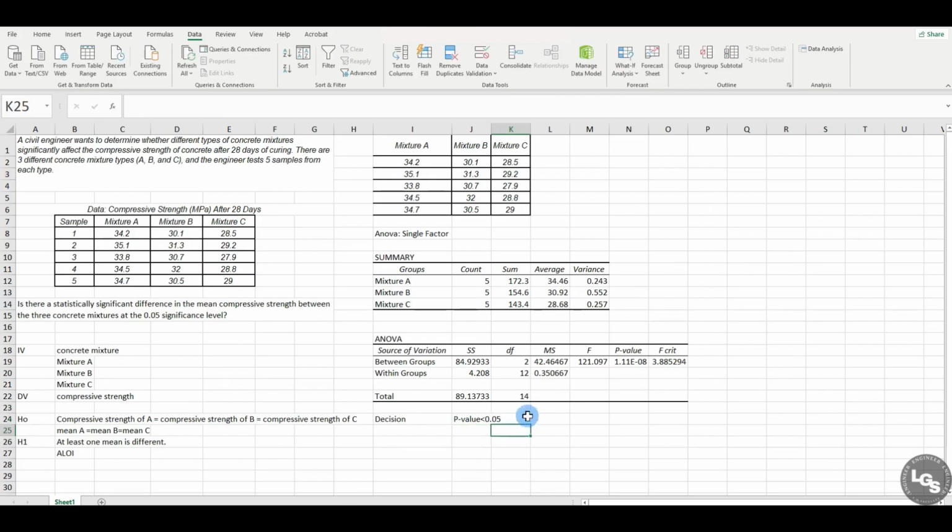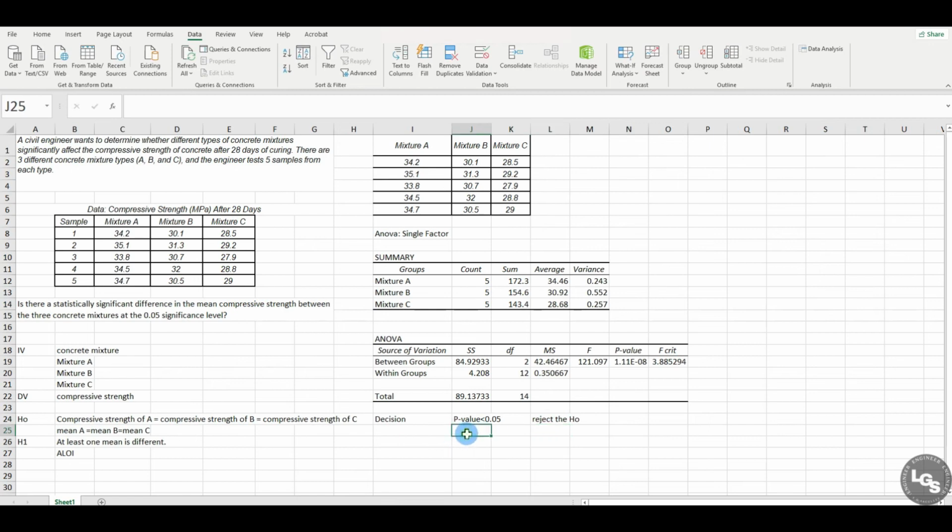So let's check. Our P value is 1.11e, that is times 10 raised to negative 8. That is smaller than our alpha, meaning we reject the H0.